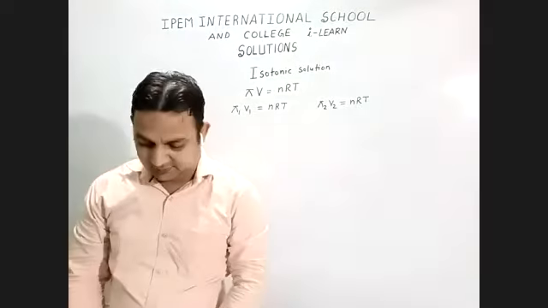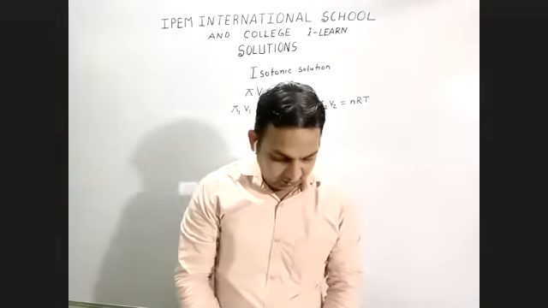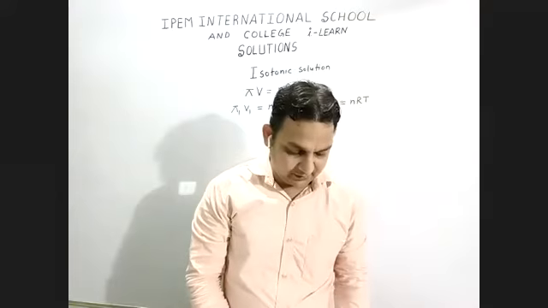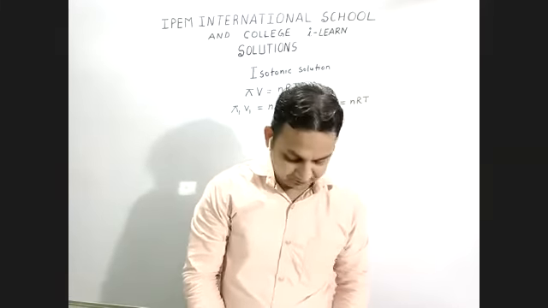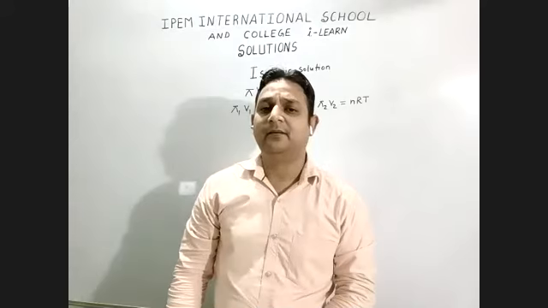Now here the total osmotic pressure we have will be pi 1 plus pi 2 is equal to pi.